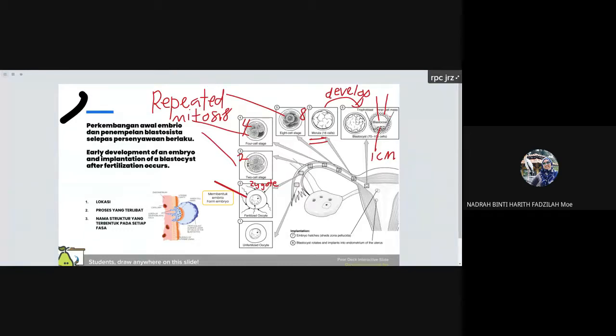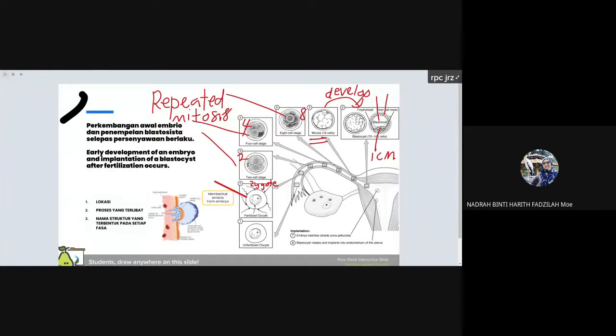Okay, so once it is in this form, bila dia berada dalam keadaan blastosis, kita dah tak panggil dia morula lah, kita panggil dia blastosis. So the outer layer is called trophoblast. Gumpalan sel dekat tengah, dekat dalam ni inner cell mass, dan ruang dalam dia kita panggil sebagai blastocell.